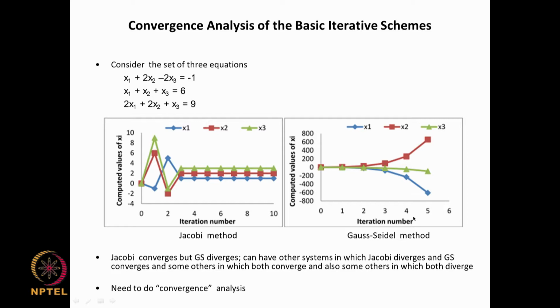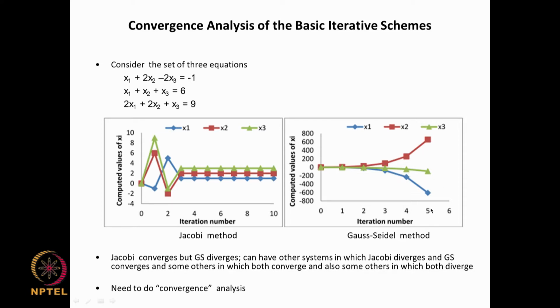But with the Gauss-Seidel method, at the end of 4 iterations, the values are in excess of 200 for x2 and in excess of minus 200 for x1, and x3 is also not a small quantity.